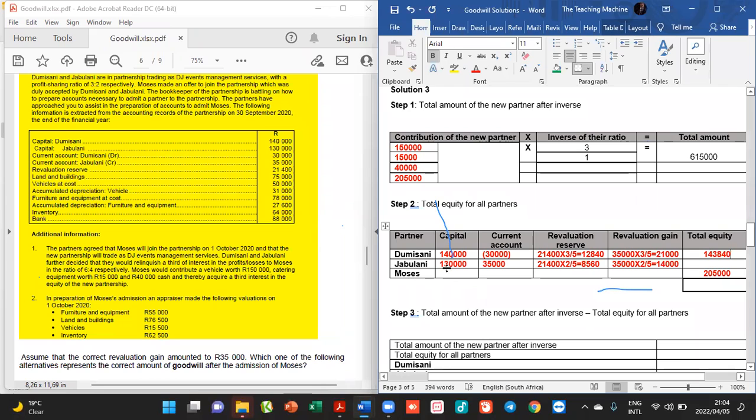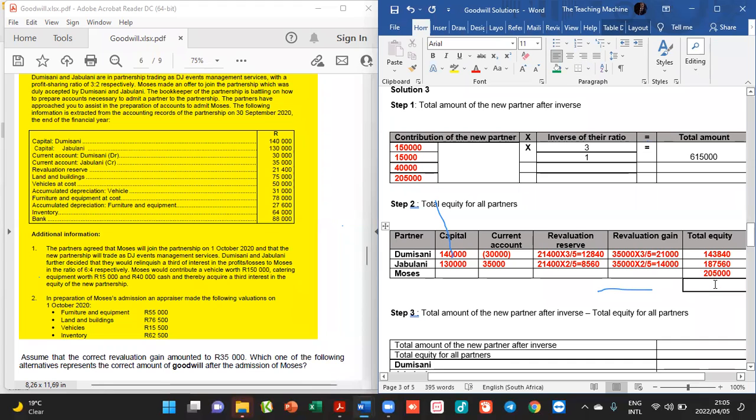And then for this one, 130,000 plus 35,000 plus 8,560 plus 14,000 is 187,560.